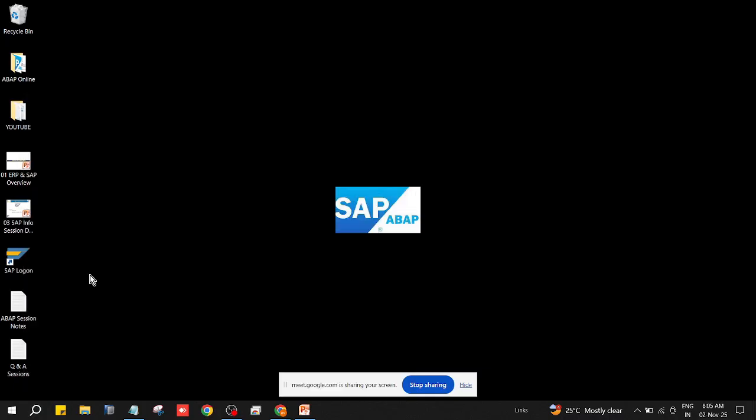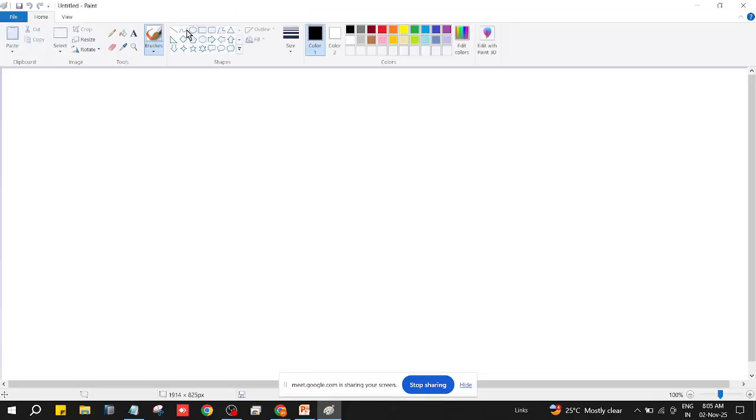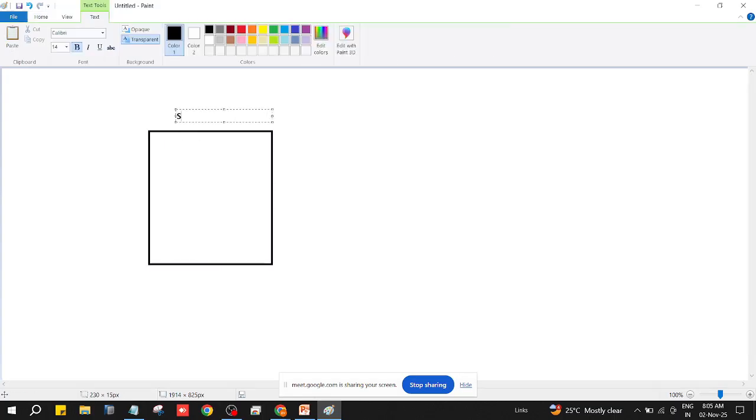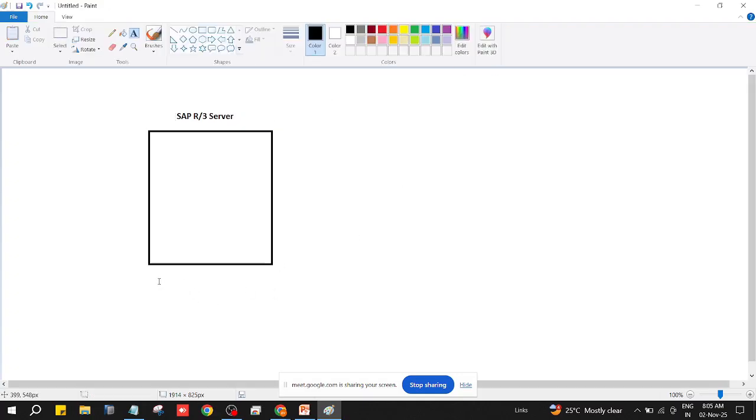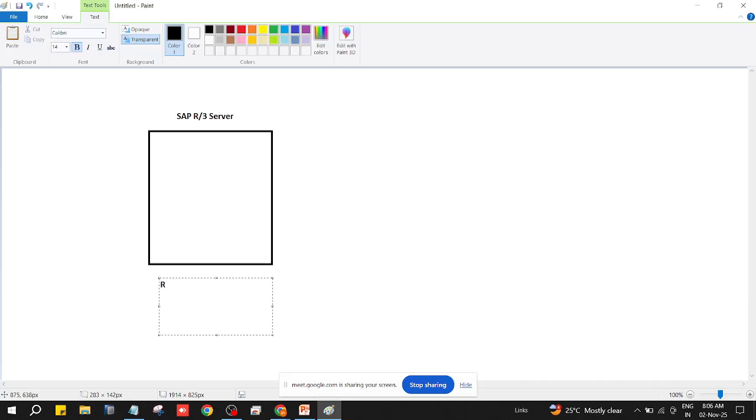The first one is the SAP server, the SAP R3 server, where you can find real-time data. Real-time data means up-to-date data, as on today.